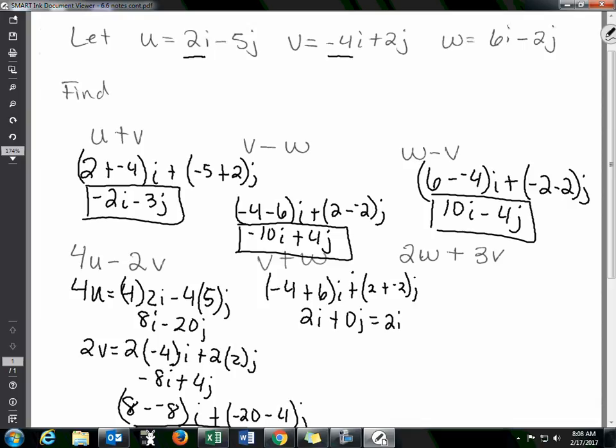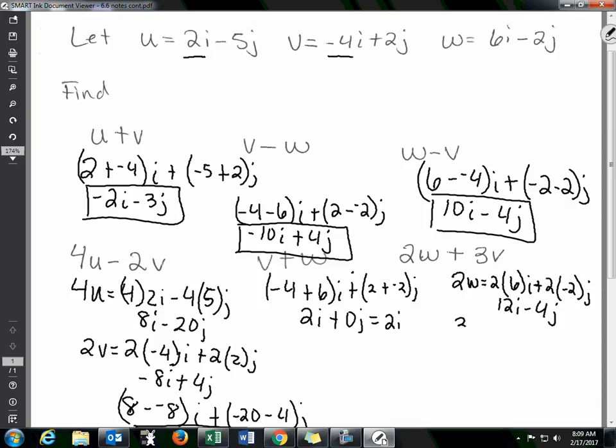Now 2w plus 3v, right? So 2w equals 2 times 6i plus 2 times negative 2j. So 2 times 6 is 12i, and then minus 4j.